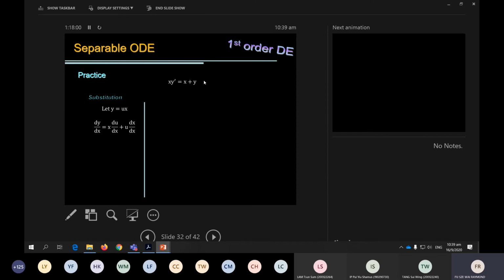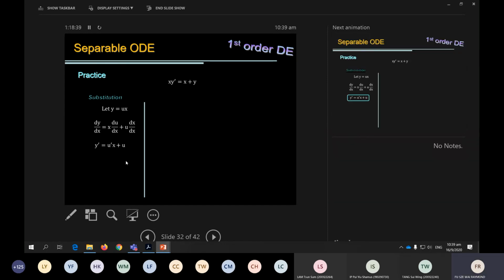So for example, this mathematical model, again you use the method of substitutions. For the substitution, it is y equal to ux. You can understand that this is a derivative of two variables. Again, there is a formula: x du over dx plus u. So that is the differentiation of two variables.